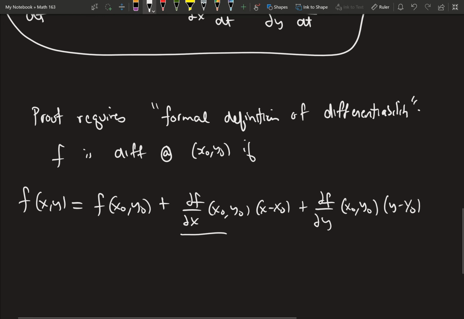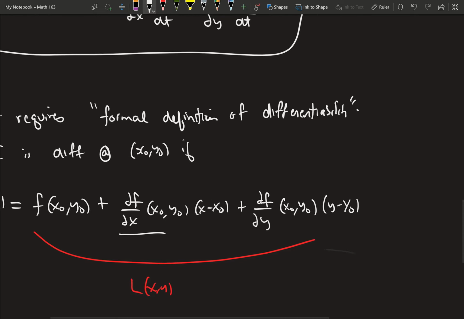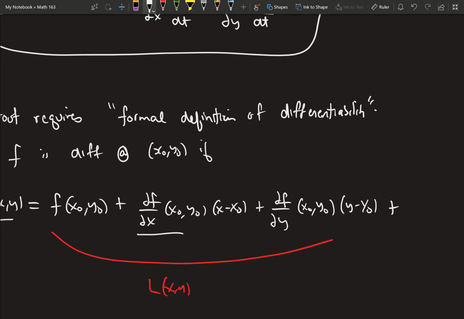But the original function is equal to the linear approximation. So this piece is your linear approximation, plus some error term, e of x, y. And this e of x, y has to satisfy some properties where it goes to 0 faster than the length of the vector from x, y to x0, y0.